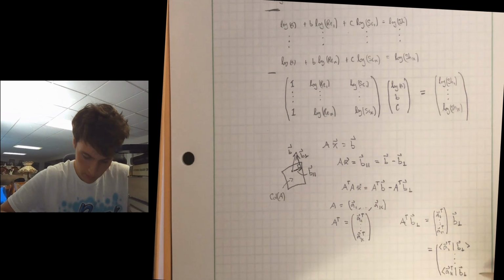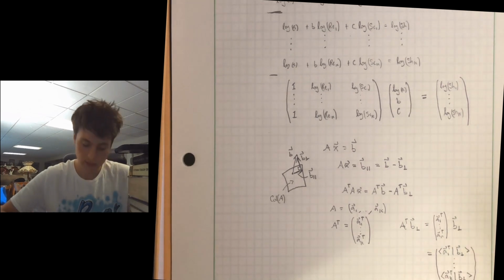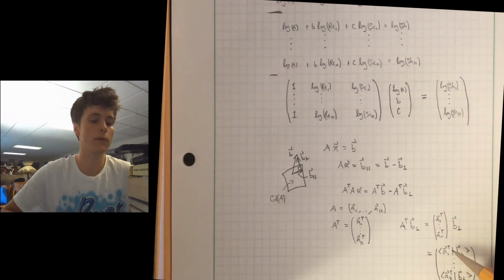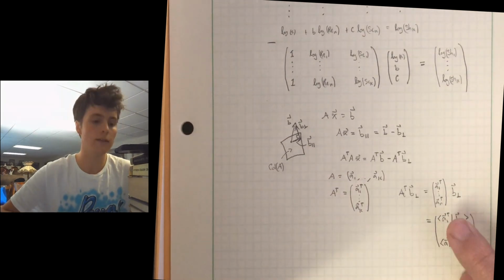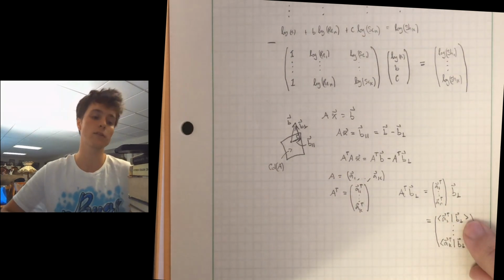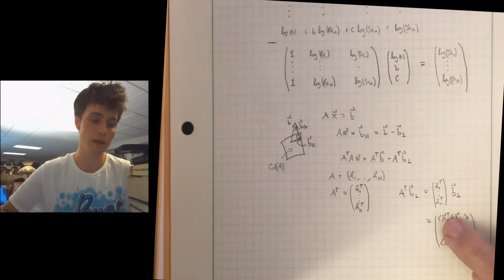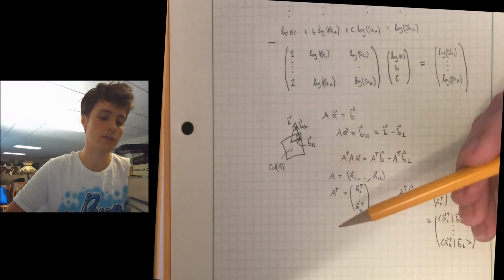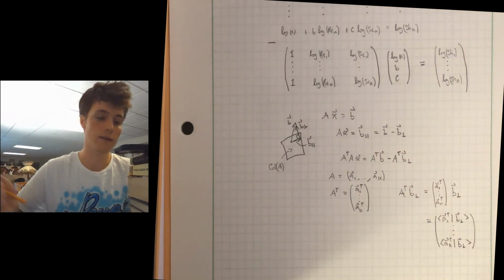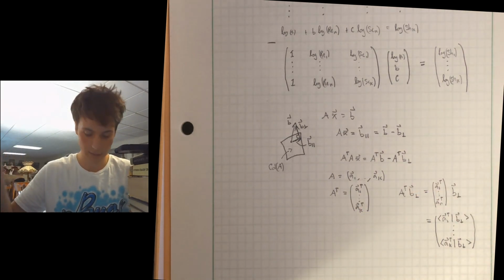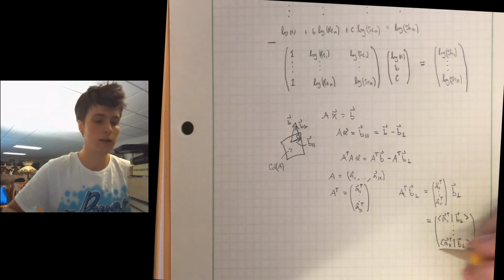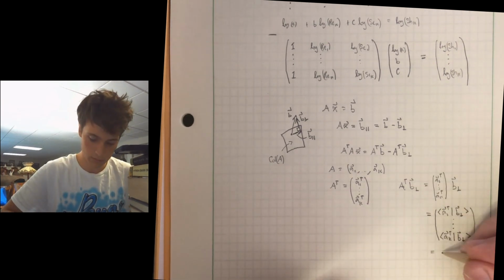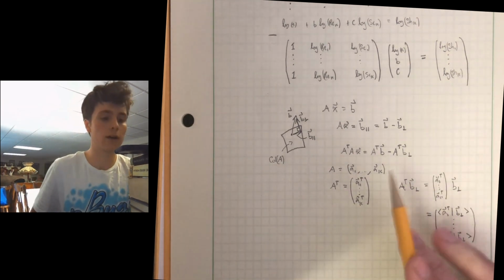And this is what's cool: what the inner product is equal to is just the magnitude of this vector times the magnitude of this multiplied by the cosine of the angle between them. But B perp is orthogonal to everything in our column space. So the angle is 90 degrees, the cosine of 90 degrees is 0, so all of this is just equal to the 0 vector. So it cancels out from our equation up here.